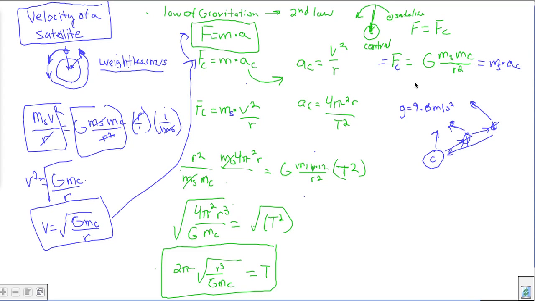If we separate this, we could say that the centripetal force equals the gravitational constant times the mass of the central body divided by the radius squared, times the mass of the satellite. And that is acceleration times mass. So acceleration equals the gravitational constant times the mass of the central body divided by the radius squared.